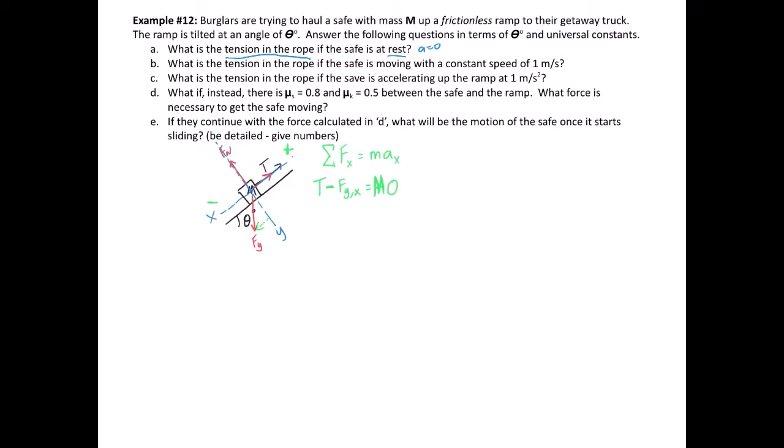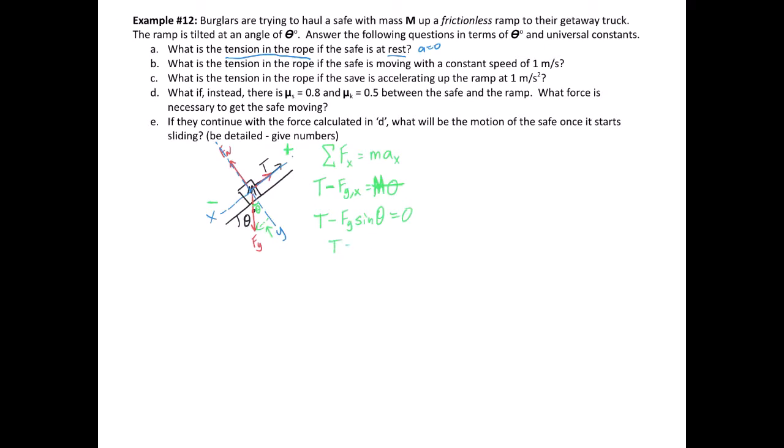Now, the 0 times the mass is going to go away. So what I'm going to end up with is tension minus the force of gravity in the x direction. Notice that that is the opposite side of my angle theta here. So I'm going to be using sine. So it'll be Fg sine theta, and that needs to be equal to 0. I can move that over.